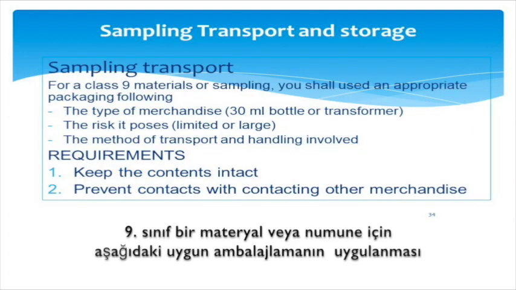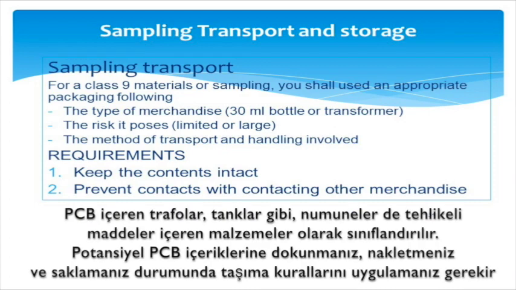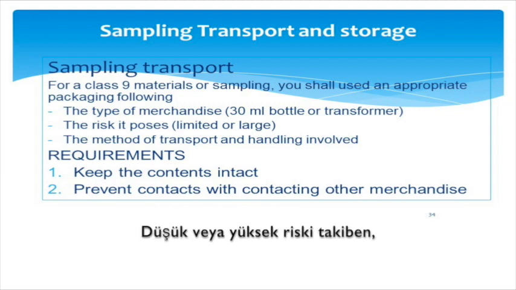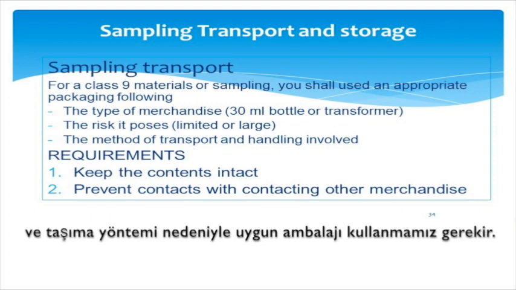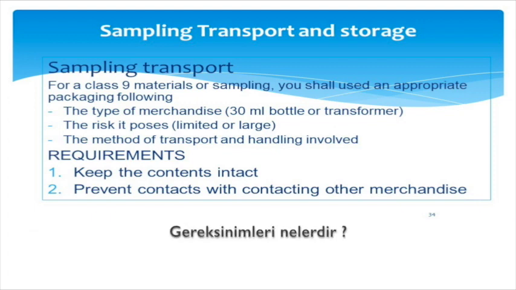For class 9 material or samples, we shall use an appropriate packaging, following the type of material, for example a 30 ml bottle or a transformer, following the risk, low or large, and the method of transport and handling involved.